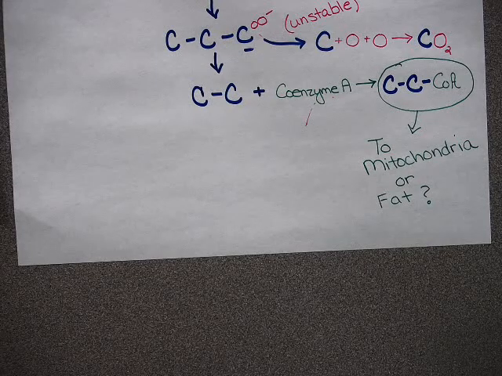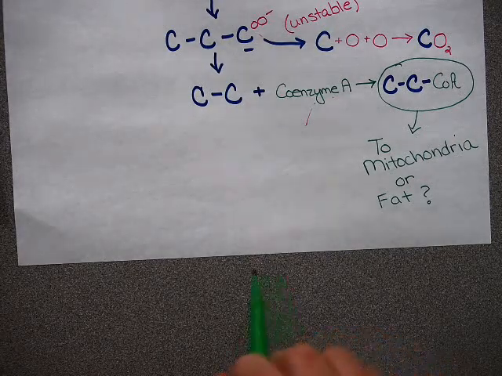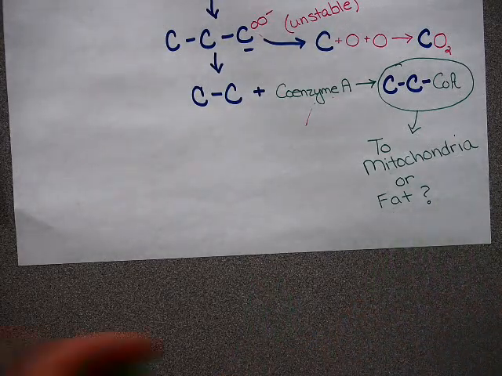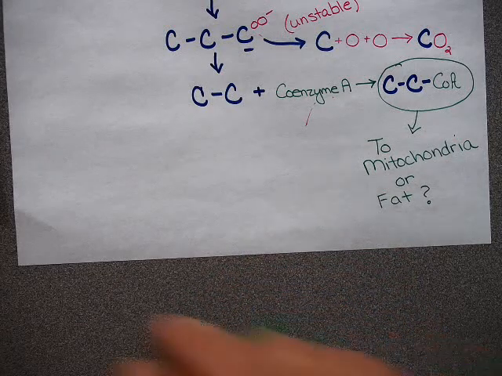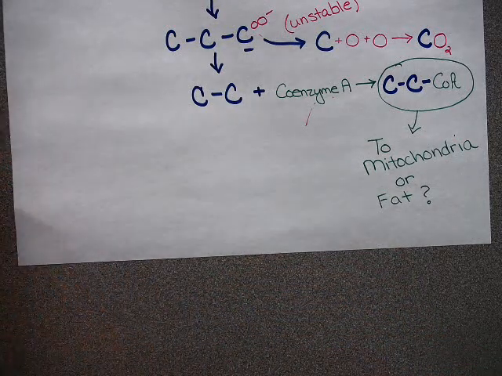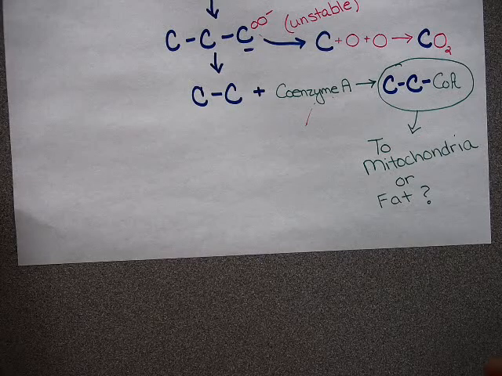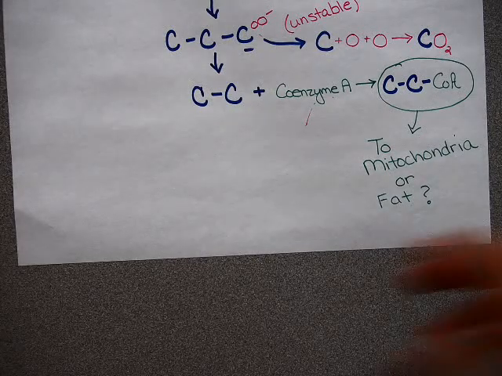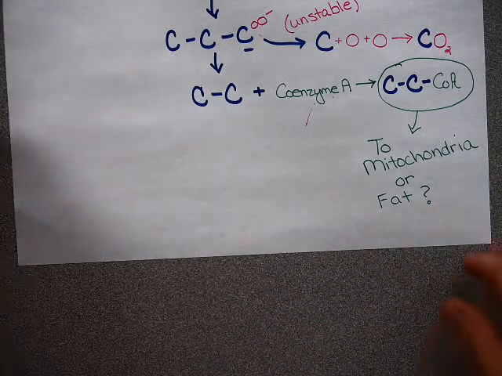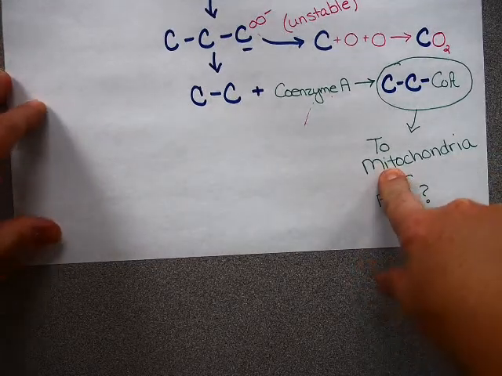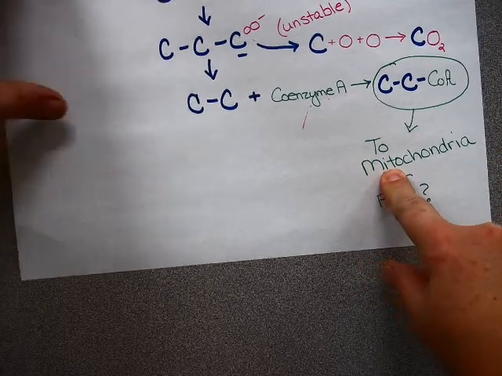So this is where your body decides, are we going to need to make ATP, or should we make this and store it as fat? What do you think? Well, if you're active and you need ATP, it will use it for ATP, more so than the other one, otherwise vice versa. So there's the decision. However, lucky all of you, we're going to go to the mitochondria with this.